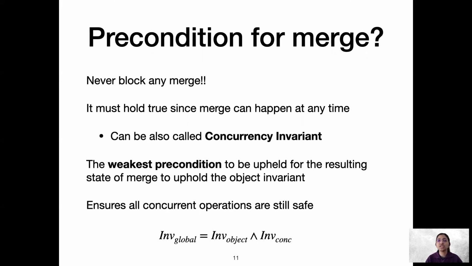It is essentially the weakest precondition for a safe merge, satisfying the object invariant. So now we have our global invariant as a conjunction of the object invariant and the concurrency invariant. We need to make sure that each update maintains this global invariant. This ensures the safety of all concurrent operations.